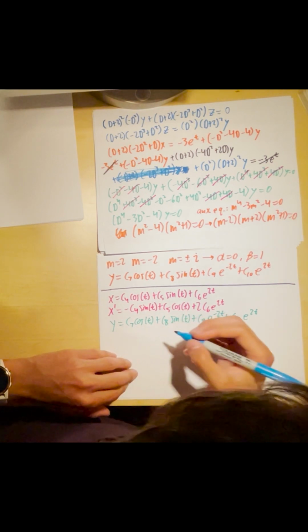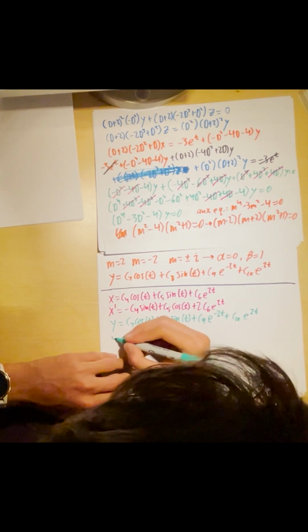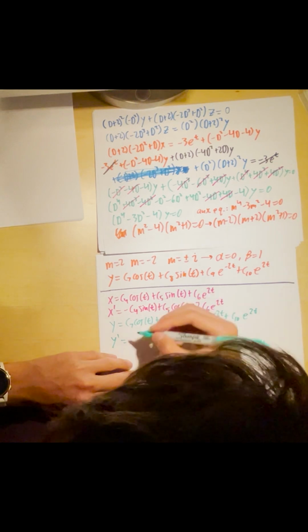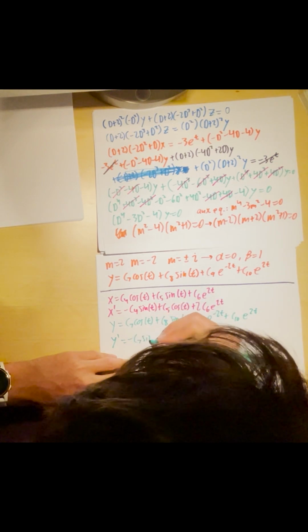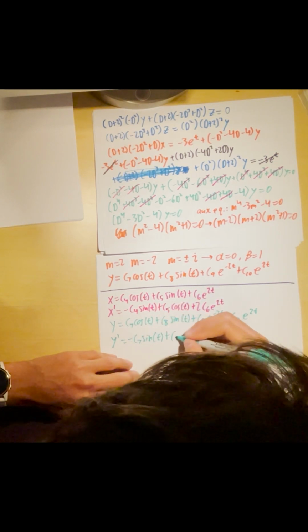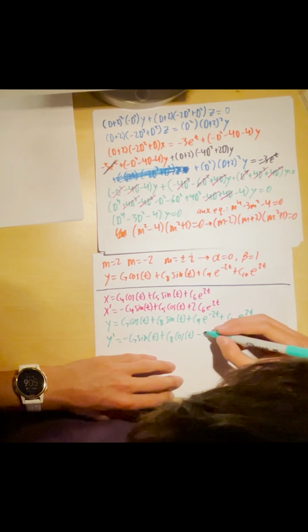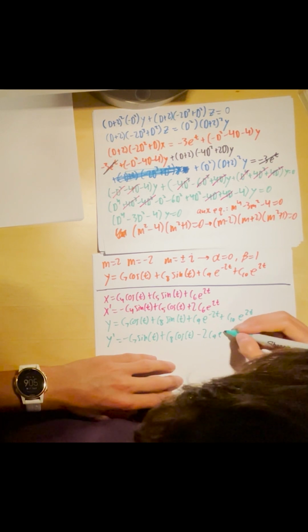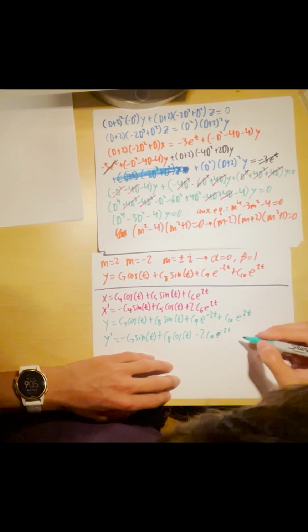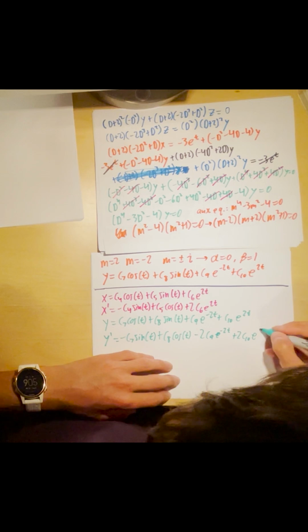Lastly, I forgot to differentiate y prime. So we're going to get negative c7 sine of t plus c8 cosine of t minus 2c9 e to the negative 2t plus 2c10 e to the 2t.